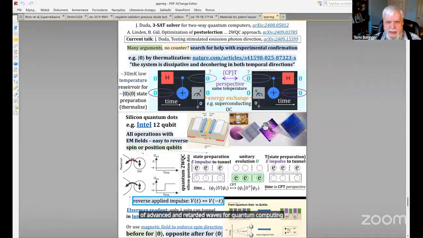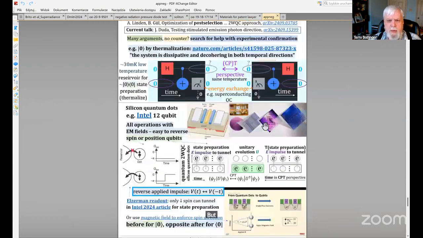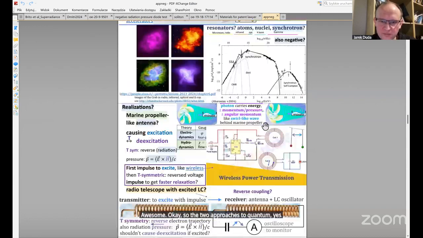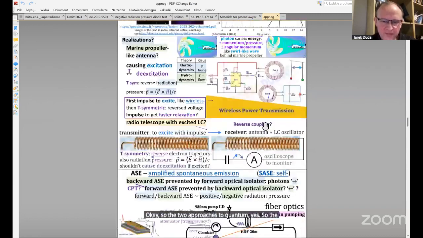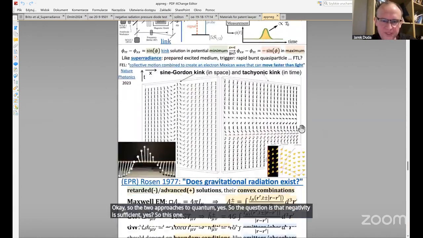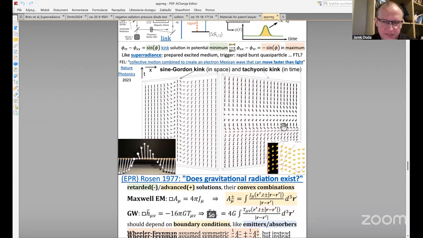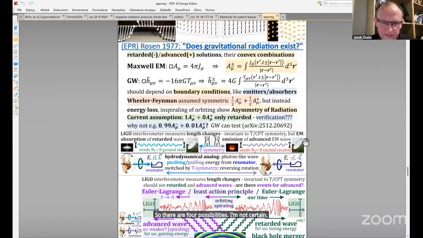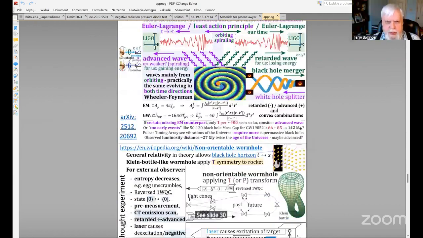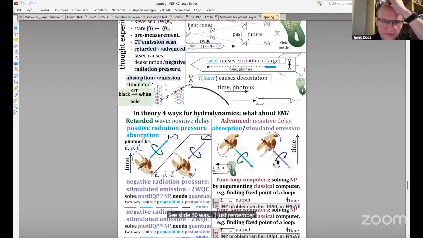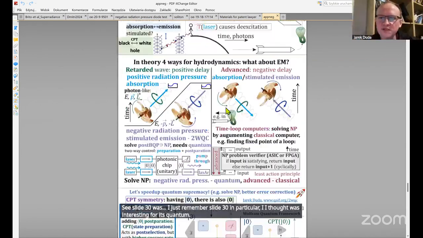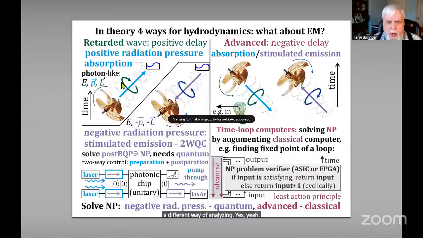I thought slide 30 in particular was interesting for its quantum slides, a different way of analyzing quantum computing.